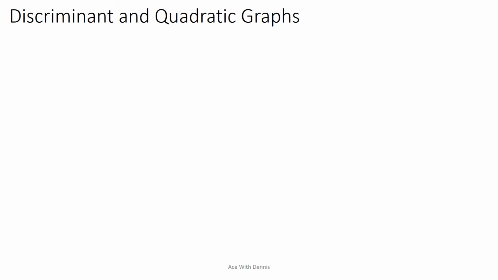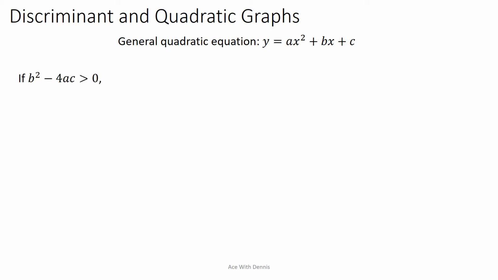Let's discuss discriminant and quadratic graphs. From the general quadratic equation, y equals ax squared plus bx plus c, if b squared minus 4ac is greater than 0, we know that the equation has two real and distinct roots.